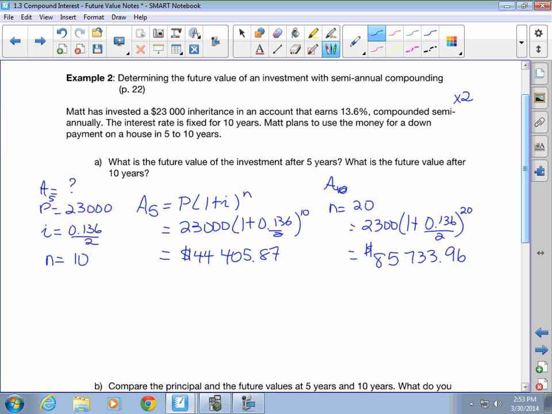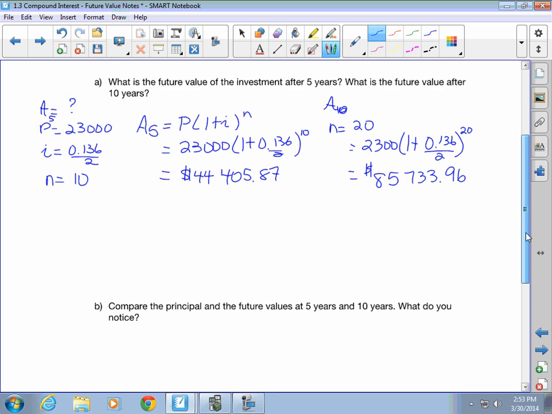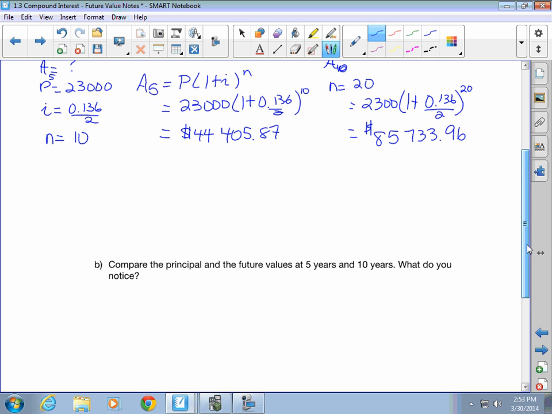So it says compare the principal and the future value at 5 years and 10 years. What do you notice? So at 5 years, your initial investment went from $23,000 to $44,000. So at 5 years, it's almost doubled, because doubled would be $46,000.